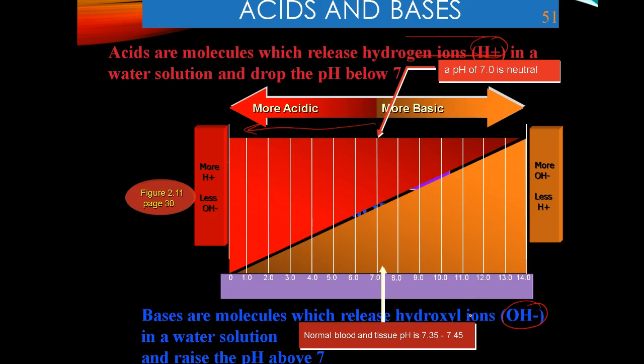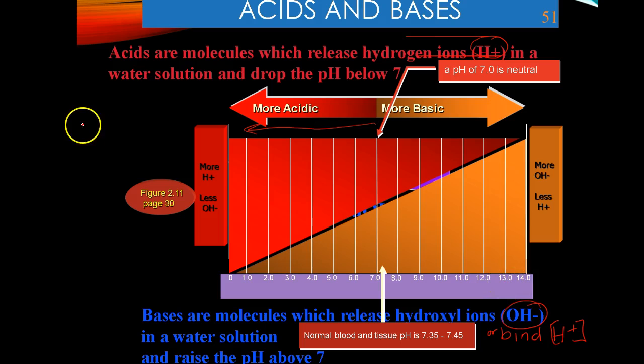But we want to add something else to that. Bases release hydroxyl ions, but they also can bind hydrogen ions and raise the pH above 7.